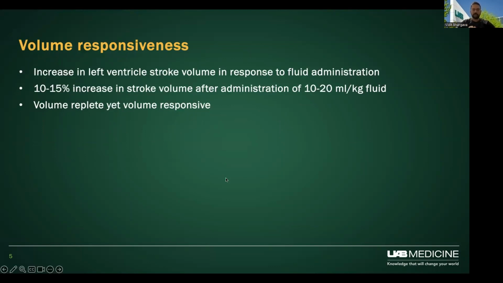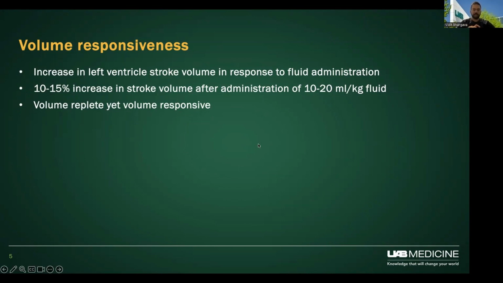Volume responsiveness, on the other hand, is the increase in left ventricular stroke volume in response to fluid administration. How is it defined? There is a little bit of variation in the literature on how people have approached it. So a 10 to 15% increase in stroke volume upon giving 10 to 20 ml per kilo of fluid bolus is generally considered volume responsiveness.